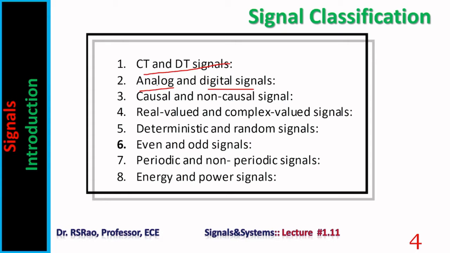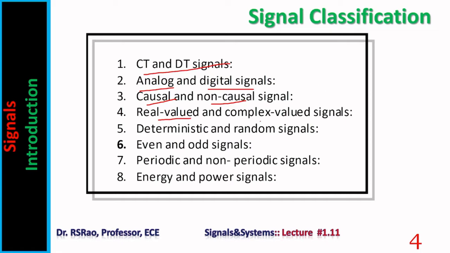One can say analog is a subset of CT. Digital is a subset of DT. Causal and non-causal. This is another classification. Causal means which is 0 for negative values of time. Non-causal is one which is not causal.